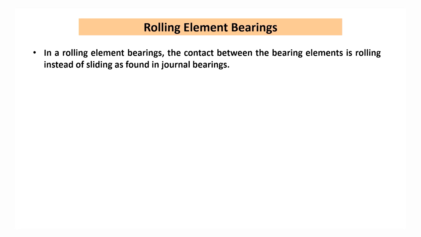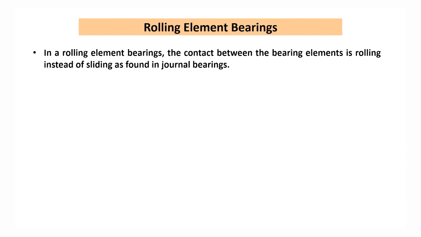Actually, the design of rolling element bearing is the selection of rolling element bearings, in which, based on our requirement, we select a suitable rolling element bearing from the manufacturer's catalog.